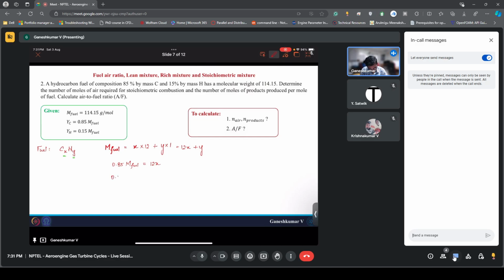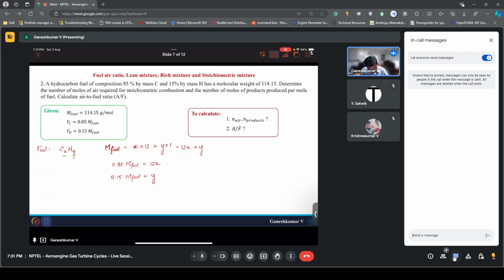And the remaining 0.15 of the fuel is nothing but y. Okay, so this is the definition of the mass fraction of carbon and hydrogen present in a fuel. Now, with these two pieces of information, we need to find x and y. That is our first goal.